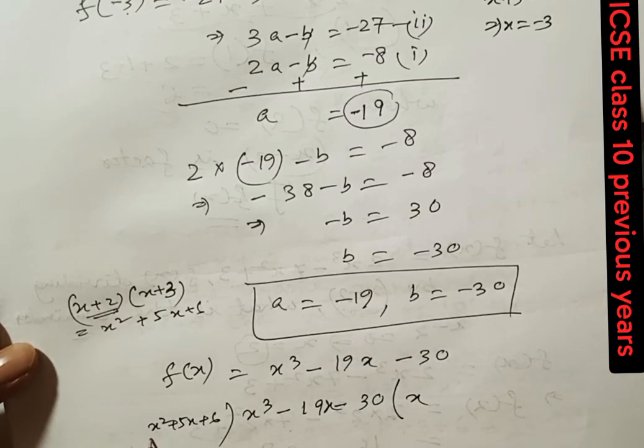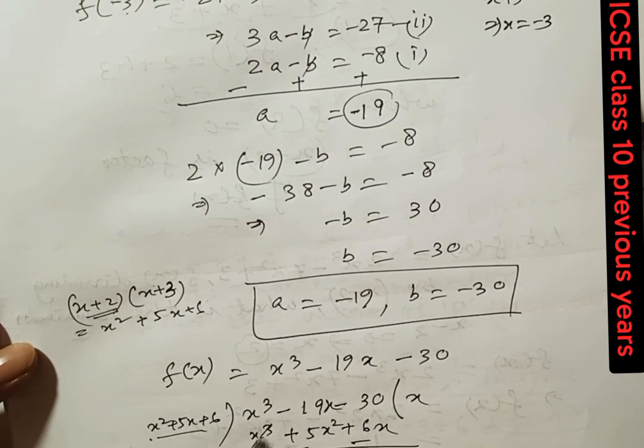Here x cube plus 5x square plus 6x, multiplying this by x, and this cancels, giving minus 5x square minus 25x minus 30.